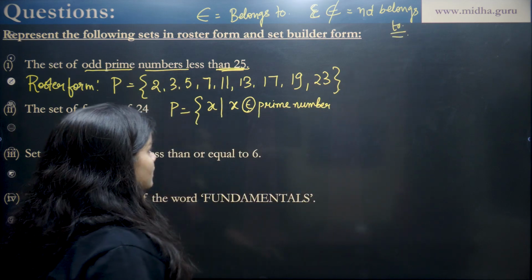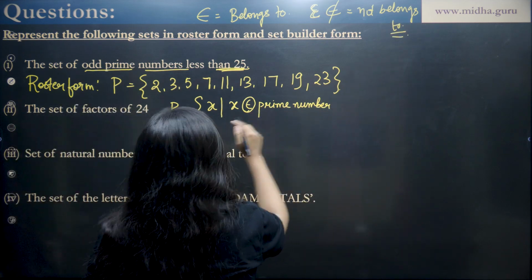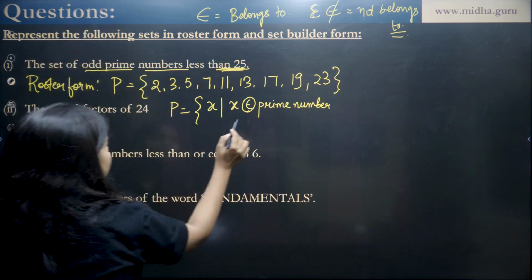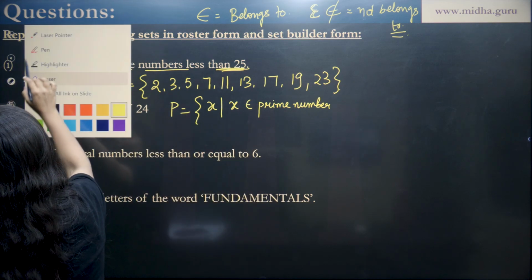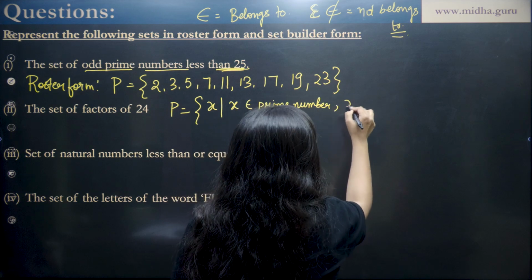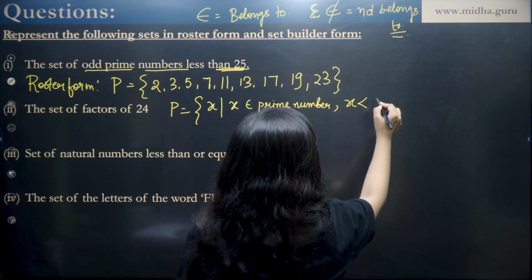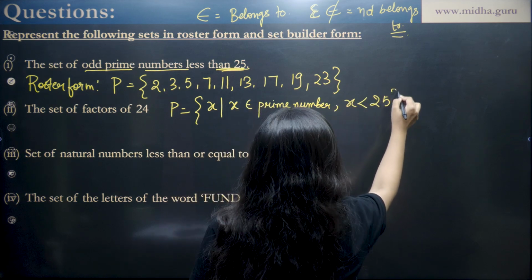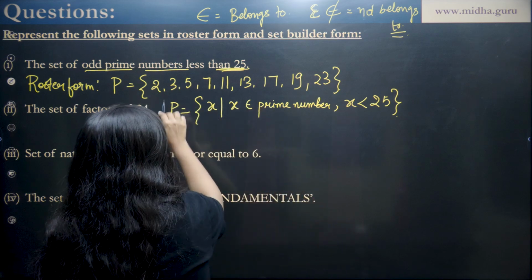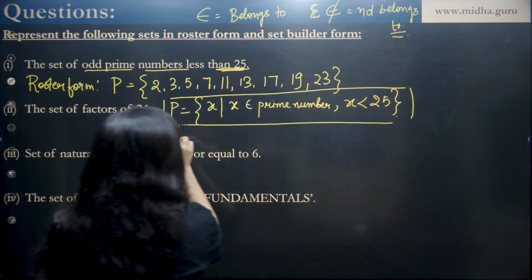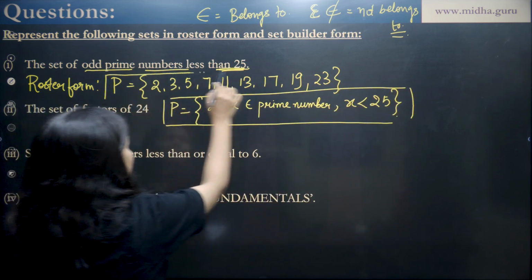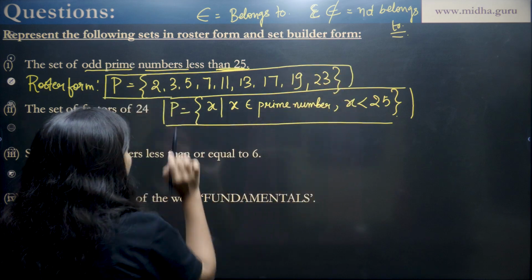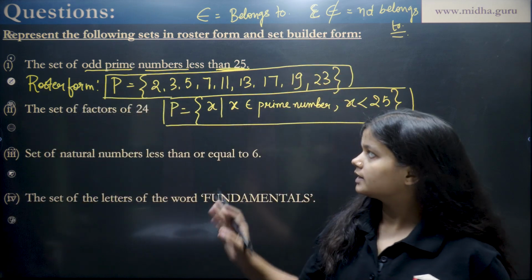Okay, so x such that x belongs to prime number and x is less than 25. So this is how this set in set builder form can be written, and this is how it is written in roster form. Okay, clear?